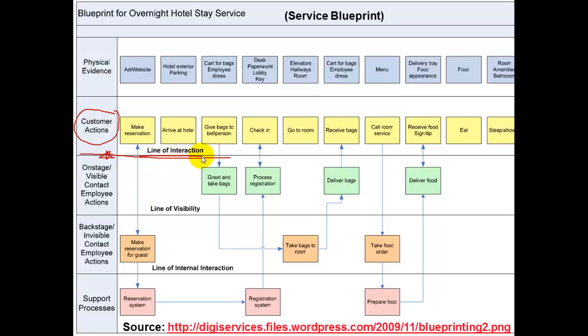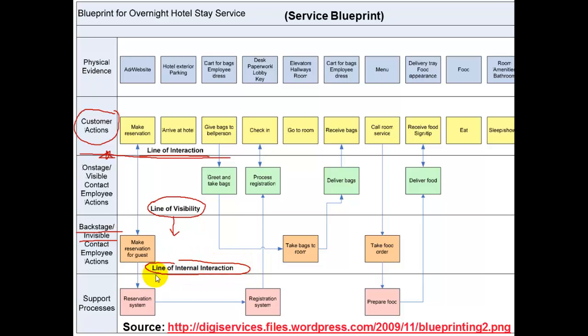Below this line of interaction, the first segment here represents the so-called front stage or on stage activity that is visible to the frontline worker, our employee. Below this line of visibility are the backstage activities, which are invisible to our customer.